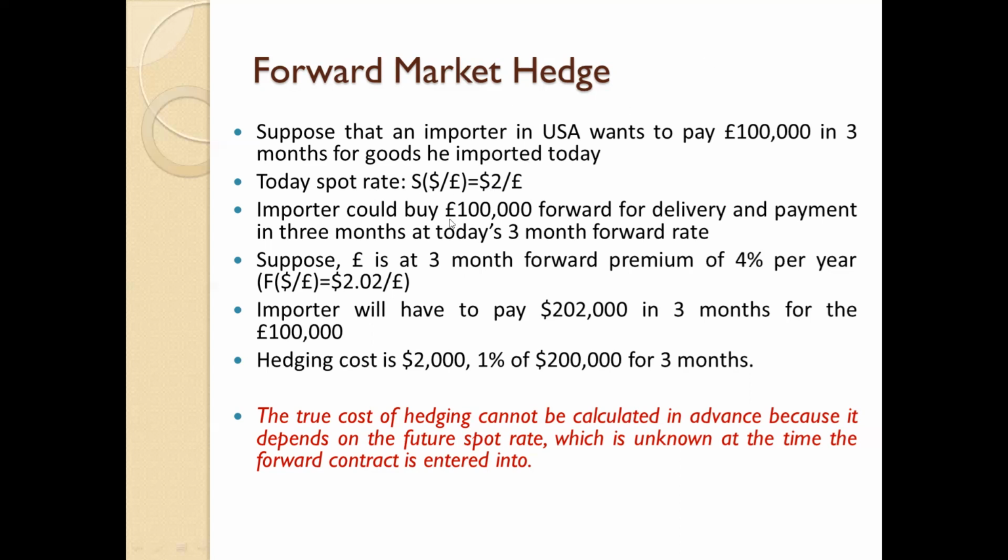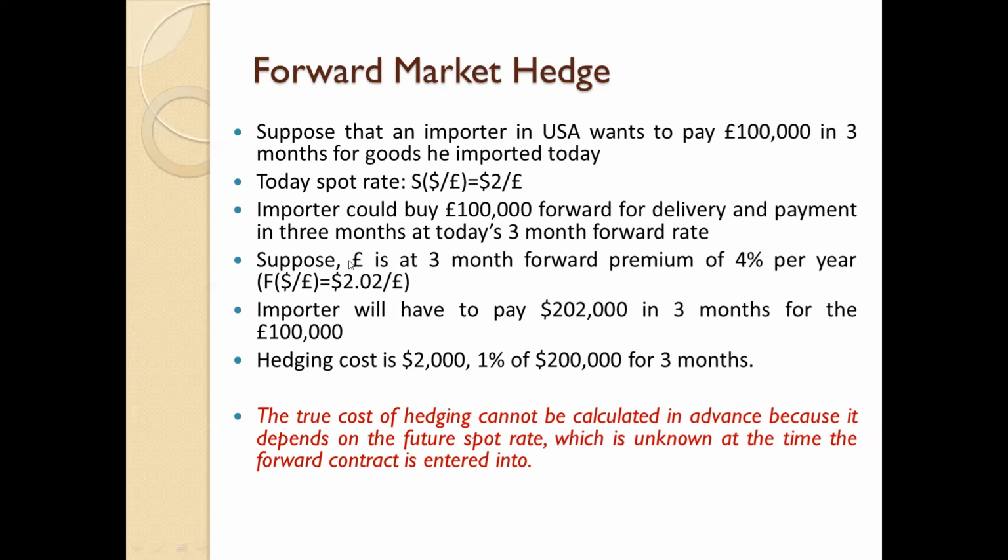Now the importer could buy 100,000 pounds forward for delivery and payment in 3 months at today's 3-month forward rate. Right? So the only thing he can do is enter into a forward buying contract in order to buy 100,000 pounds in 3 months at a pre-specified rate agreed today. So what is the pre-specified rate we agreed today? That is the forward rate.